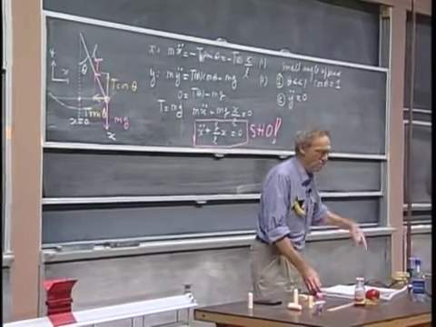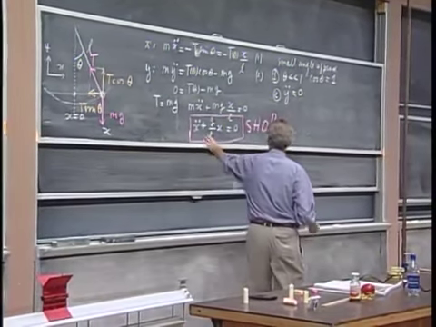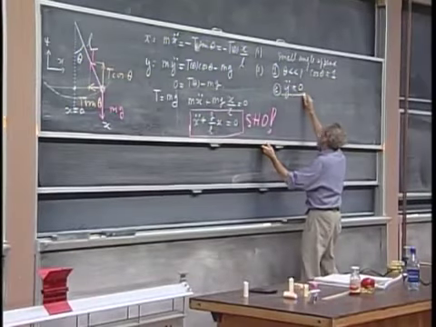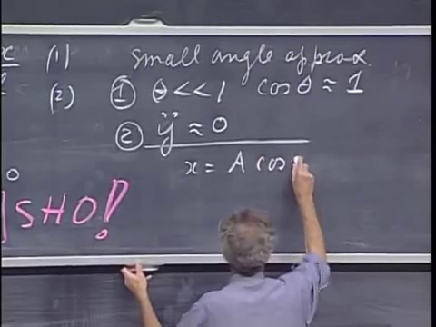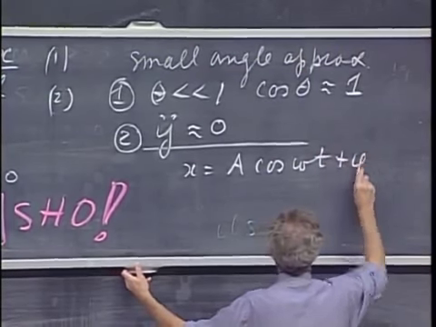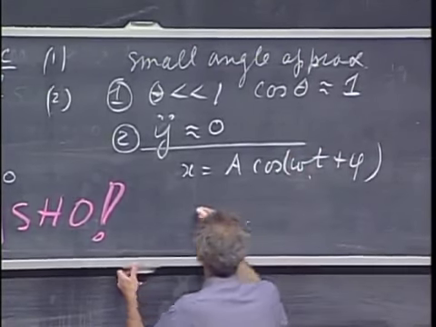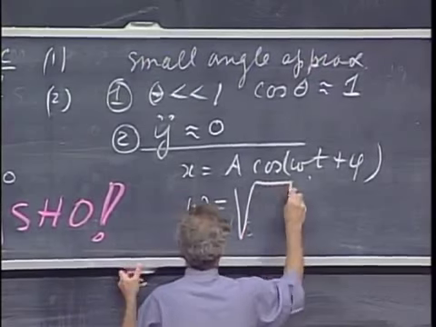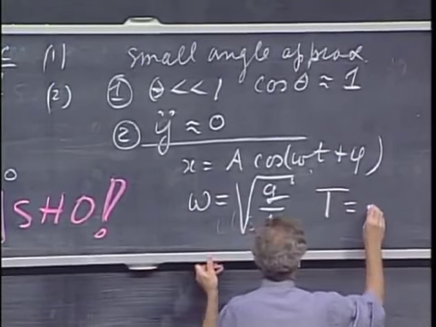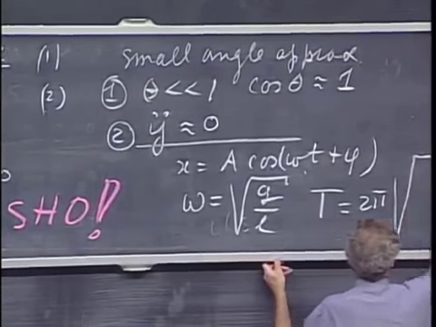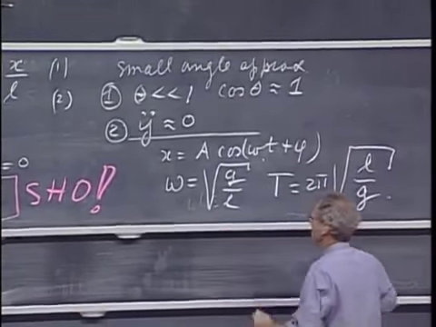So you can write down immediately the solution to this differential equation. x will be some amplitude times the cosine of omega t plus phi, just as we had before, and omega will now be the square root of g over L, and so the period of the pendulum will be 2 pi times the square root of L over g.